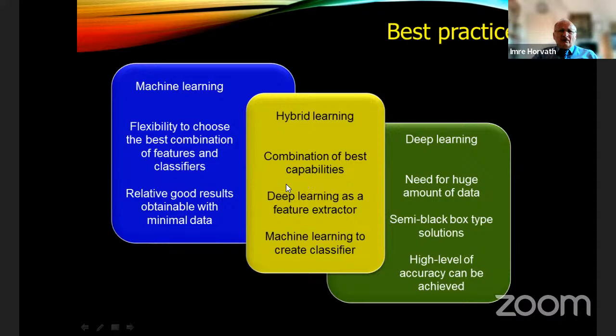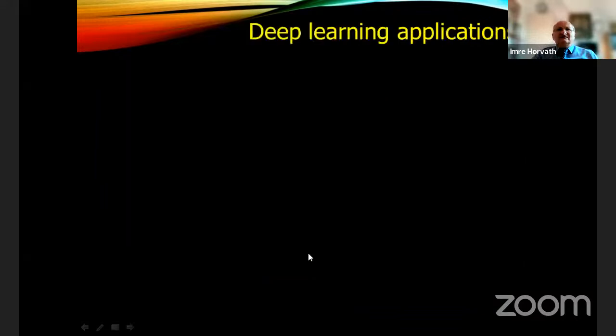But what is important with regard to hybrid learning is that it is not only a combination of the best capabilities, but it also provides you an opportunity to use deep learning as a feature extractor, where it has superiority based on the automation and the high level of accuracy, and to use machine learning to create the classifier, because in certain cases it can achieve better results.